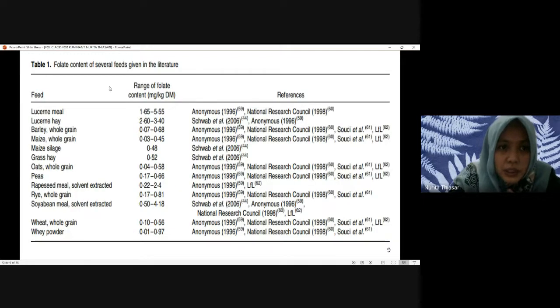In this figure I would like to show the source of folate in some feedstuffs. Here we can see the kinds of feedstuff. Almost all are from plants, and the last one is from an animal product, whey powder.